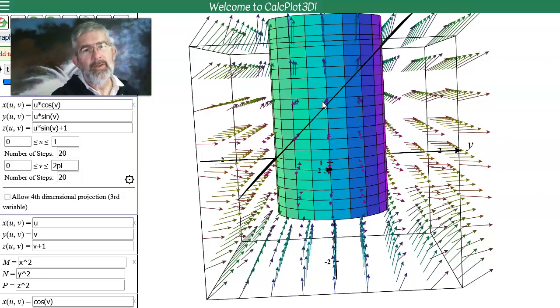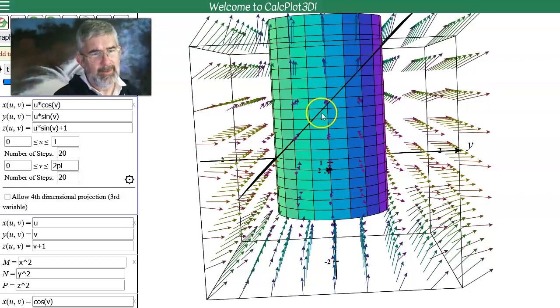And to say Ru crossed with Rv is always giving you the same thing, it's not necessarily, because the mapping from the UV plane onto the surface may take those two vectors, Ru and Rv, and put them like this, or it may take them and put them like this, in which case the cross product is one way or the other way.